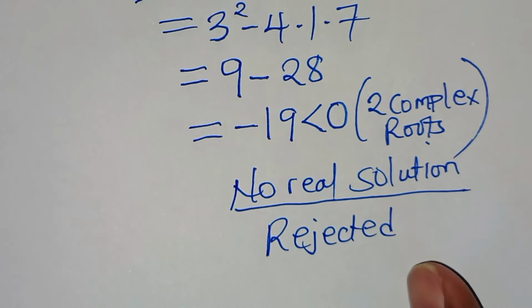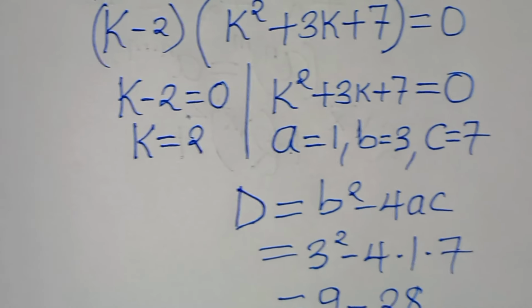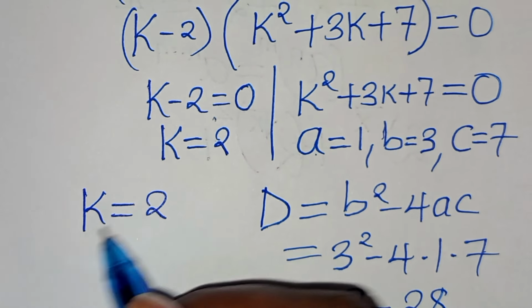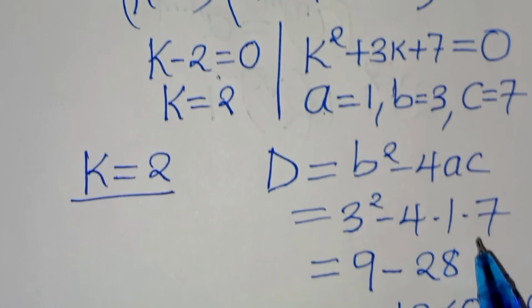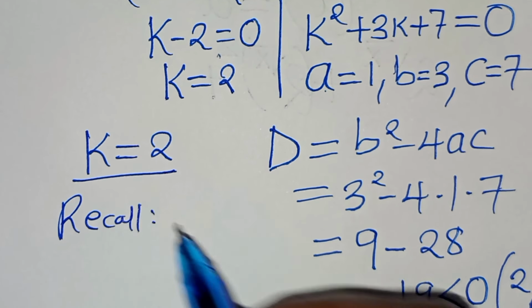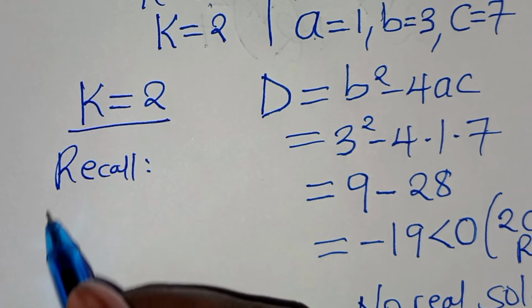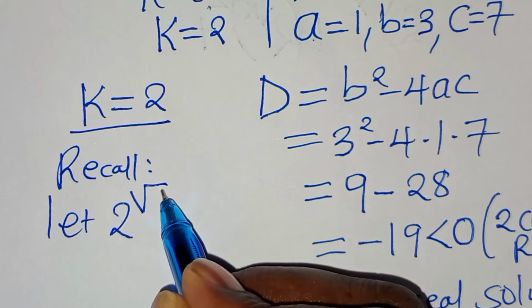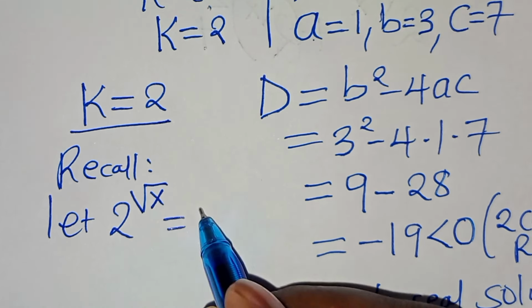So let's focus on k, which is equal to 2. Now, if you recall, we let 2 to the power of square root of x be equal to k.